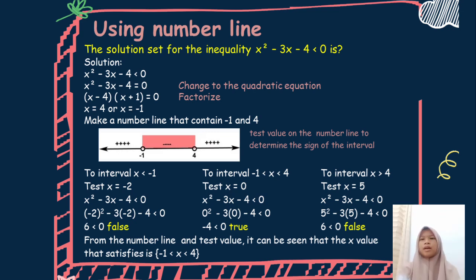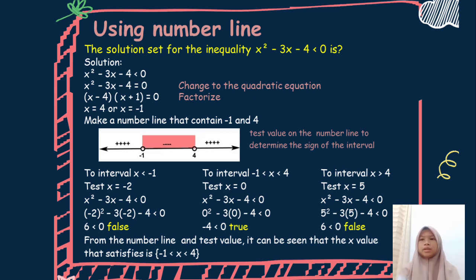Then the interval x is more than negative 1 and less than 4. Test x equals 0. Substitute 0 into the quadratic inequality, which is x squared minus 3x minus 4 is less than 0. So we get 0 squared minus 3 times 0 minus 4 is less than 0. So we get negative 4 is less than 0.